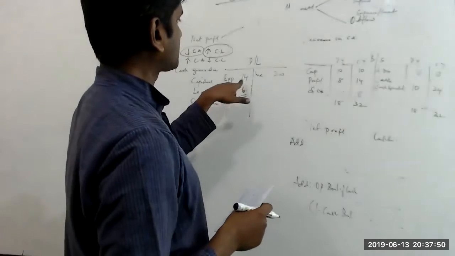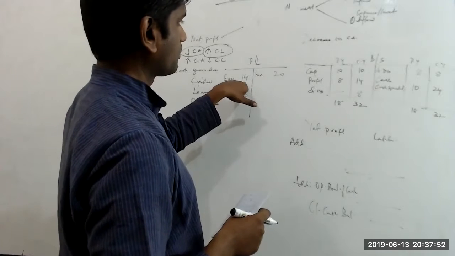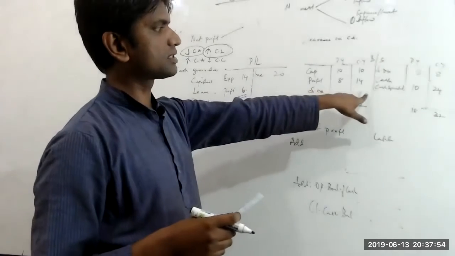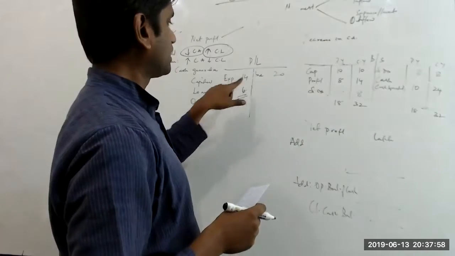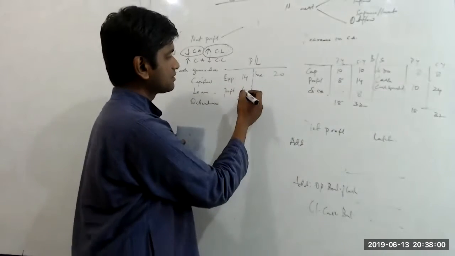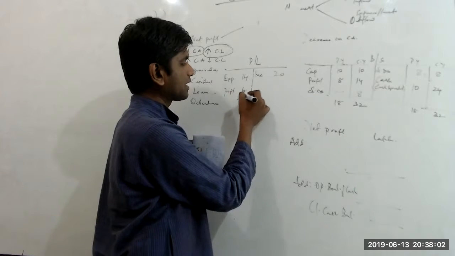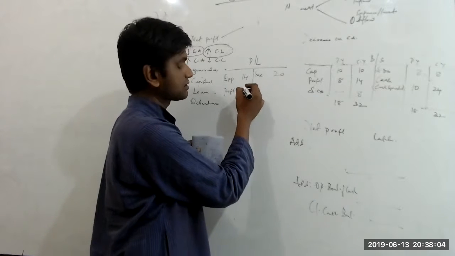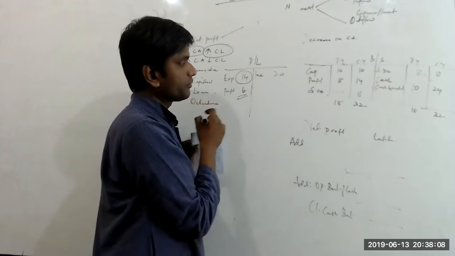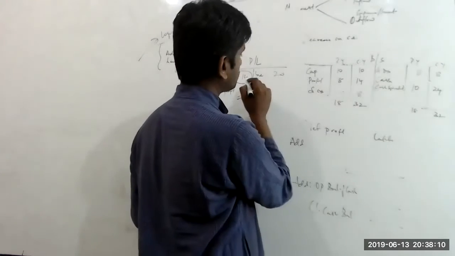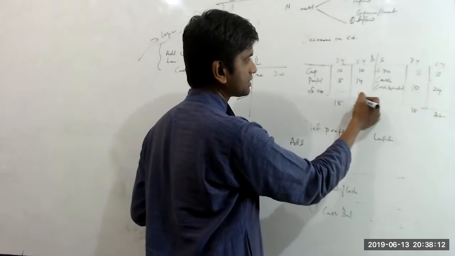So my expenditure is 14, whereas my sundry creditors outstanding is 8 lakhs here, which means for arriving at a profit of 6 lakhs, I have considered the complete 14 lakhs here. Whereas the cash outflow is not 14 lakhs, but only 6 lakhs.